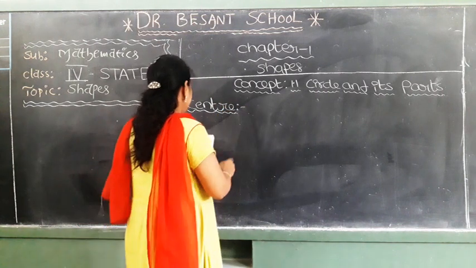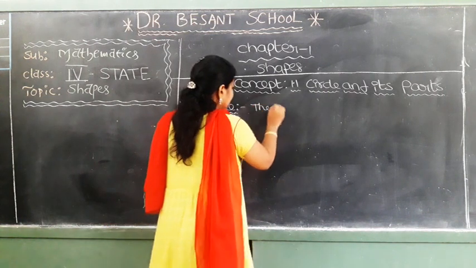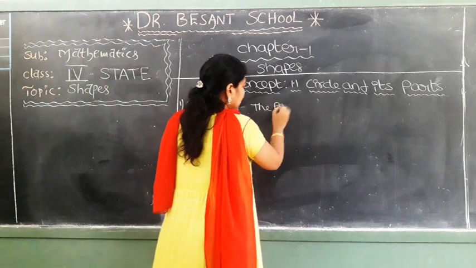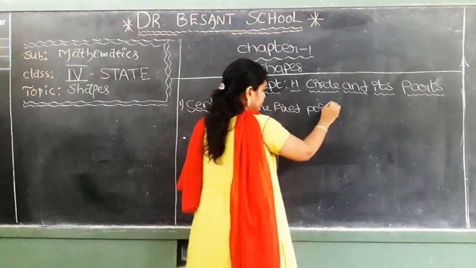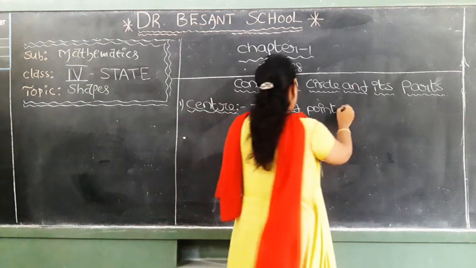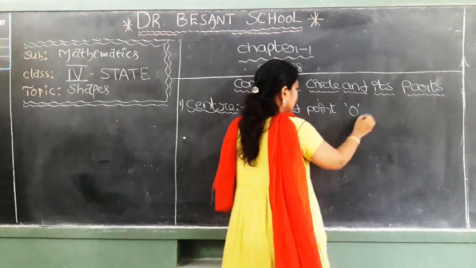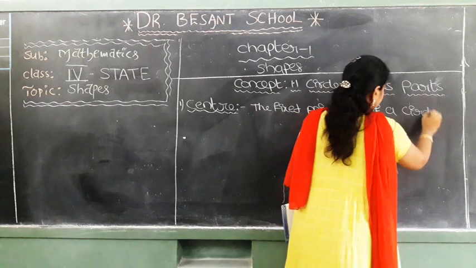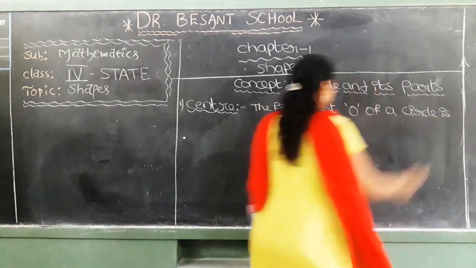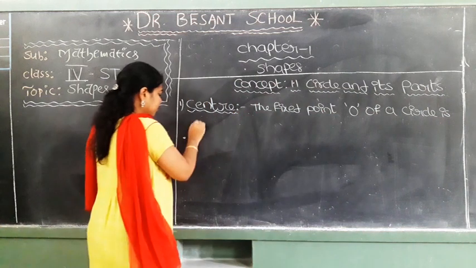What is the center? The fixed point O of a circle is its center.